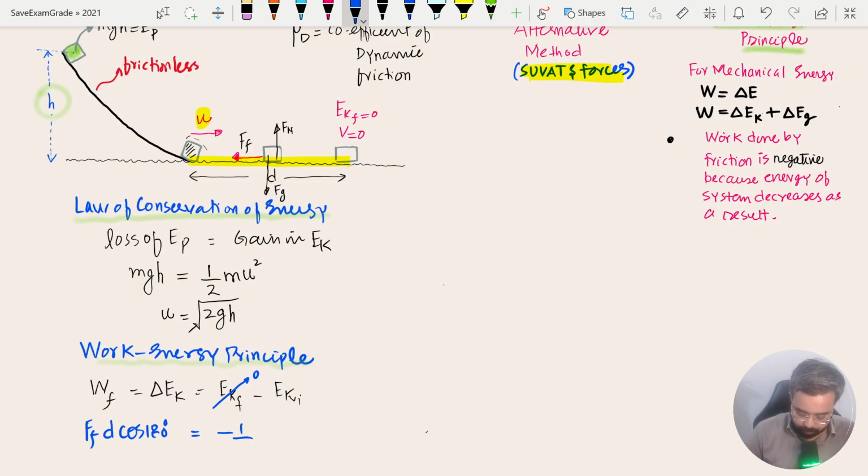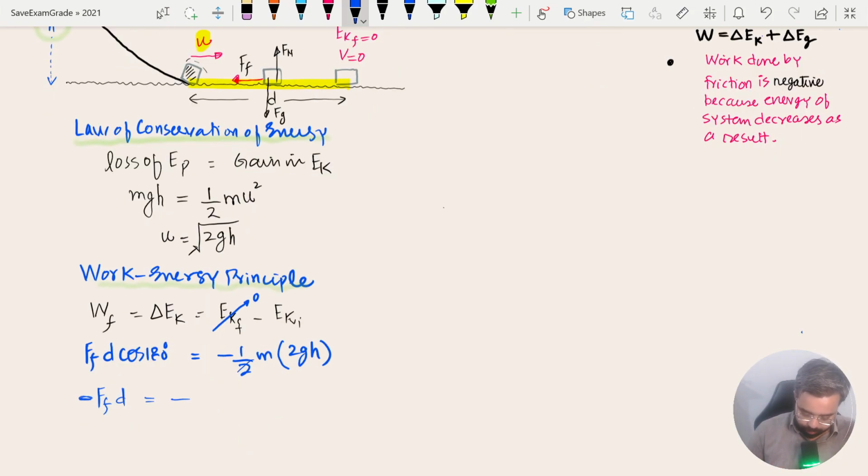So minus 1 over 2 m u square, and u square is, by the way, the square of this term, that is 2gh. It is u square, not u. This 2 and 2 cancel out, so it is mgh. Now you can put the value of frictional force, that is mu d, the coefficient of dynamic friction, times normal force, times d, is equal to negative mgh.